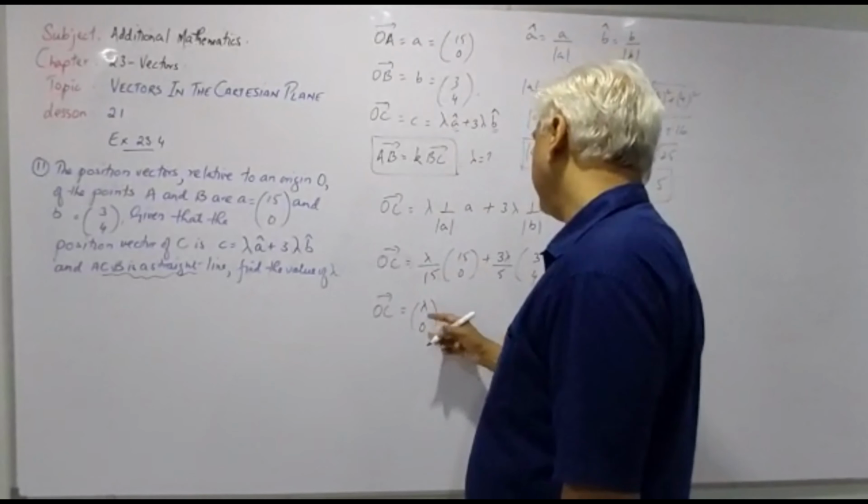So I can write this down as BC is equal to 14 lambda upon 5 minus 3 and 12 lambda upon 5 minus 4.